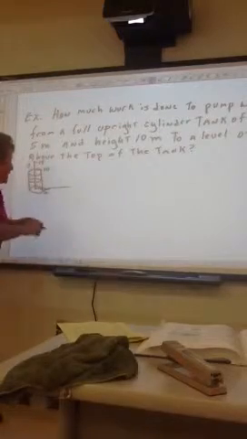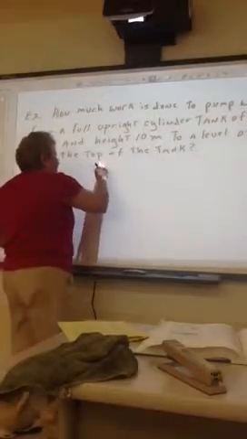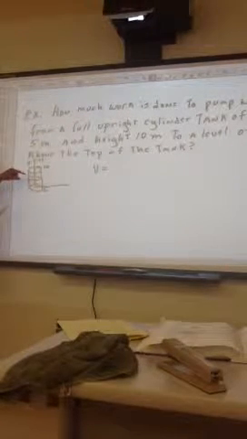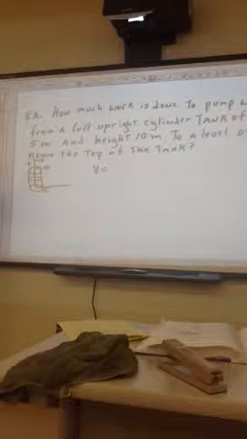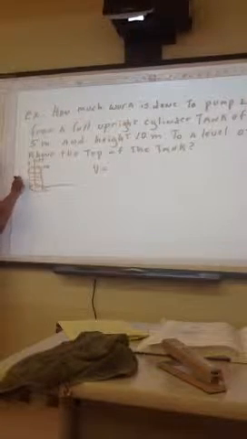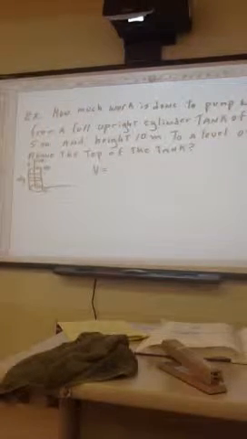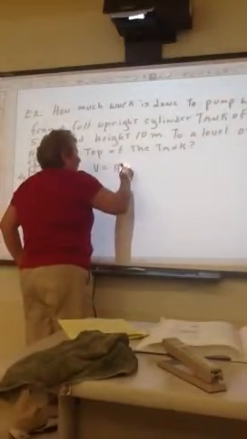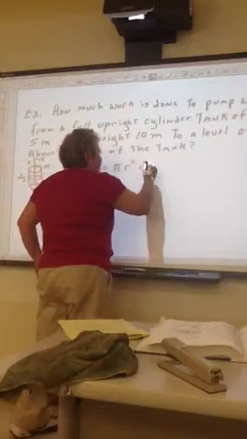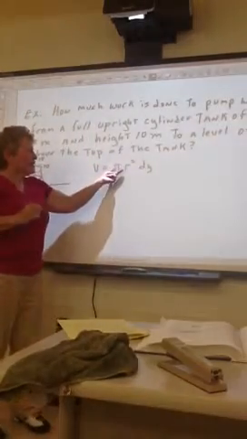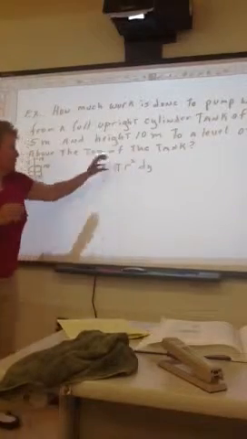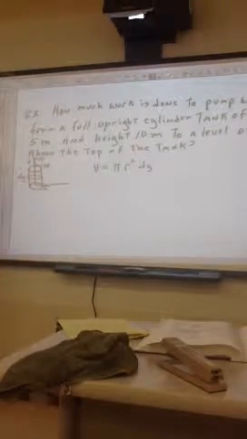So if I talk about the volume of that little disc, it's going to be the area of that circle times the thickness, and this is a thickness of dy. It's along my y-axis. So my volume is going to be pi r squared. There's the area of the slice times the thickness of the slice. Now that's the volume of just this one little slice.